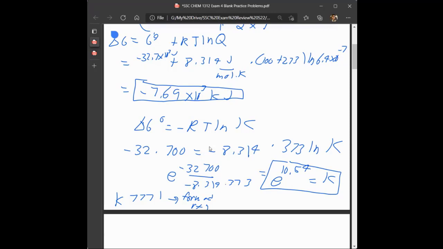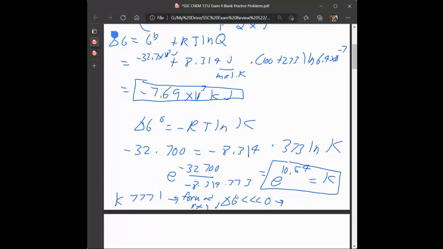And that brings me to my second point. We see that in this problem, K is super big, so K is greater than 1, the forward reaction here. But if we also see our delta G, which is up here, we also conclude that delta G is much less than 0.